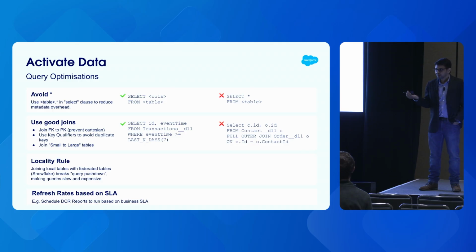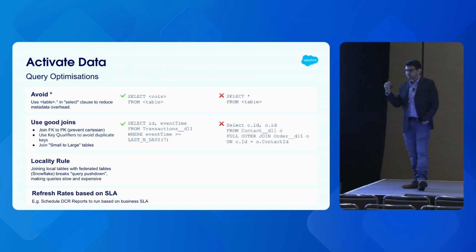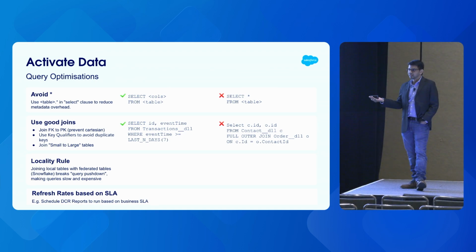Avoid accessing all the columns. I just described avoiding unnecessary nodes. For good joins, use primary key, preferably the fully qualified primary key. One pro tip, if you have a zero copy table which is federated and you have a local table from CRM which is batch ingested, the query federation doesn't work great in terms of query push down.